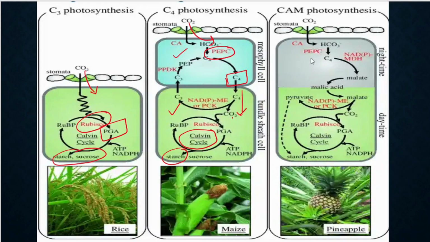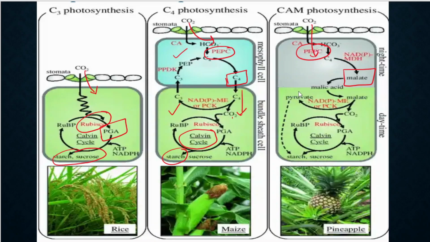But CAM plants have adapted a different method for avoidance of photorespiration. They open their stomata at night, so carbon dioxide is taken up by phosphoenol pyruvate and saved in a malate form.